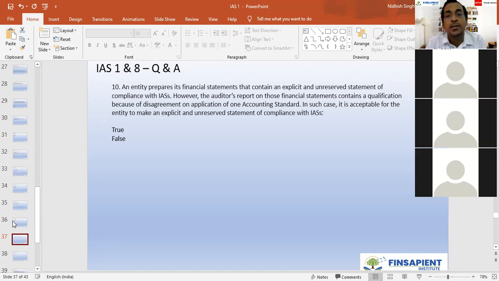Now it is asking, in such a case, is it acceptable for the entity to make an explicit and unreserved statement of compliance with IAS? Even if you miss to comply with one IFRS, it means you have not complied with IFRS. Answer is false. A company entity cannot claim to have complied with the IFRS if it has missed to comply with any single IAS or IFRS.